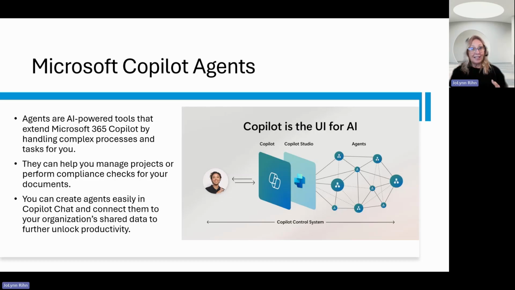I didn't realize this until just the past couple of weeks, but some organizations want to limit who has rights to actually create an agent. So it's part of your planning and how you're going to implement Copilot and Copilot agents to your organization, which we highly recommend you have a plan of attack before you just start using these tools.